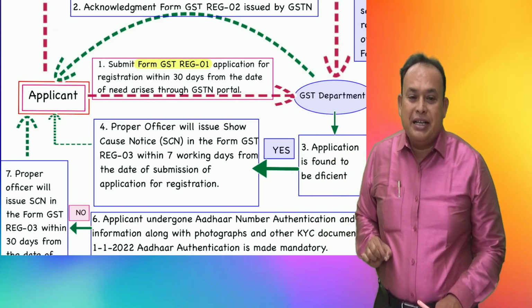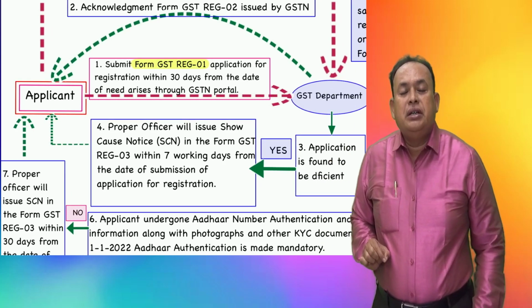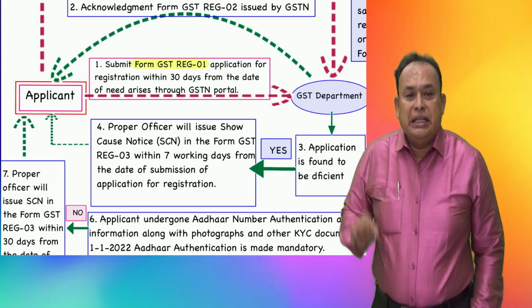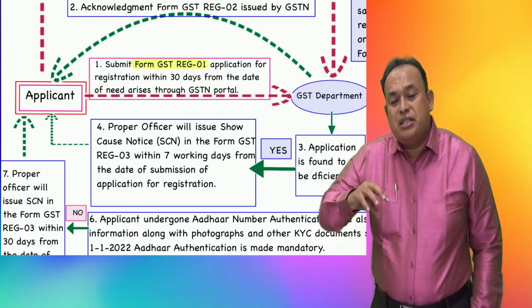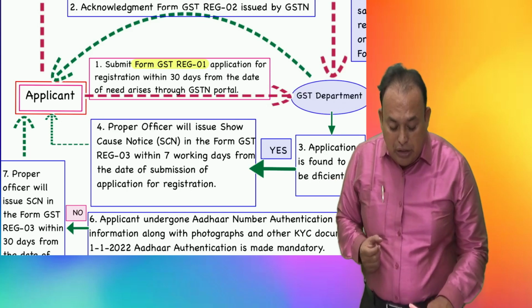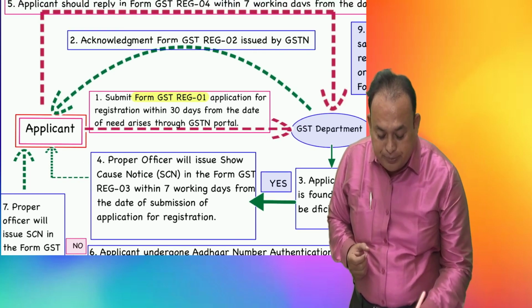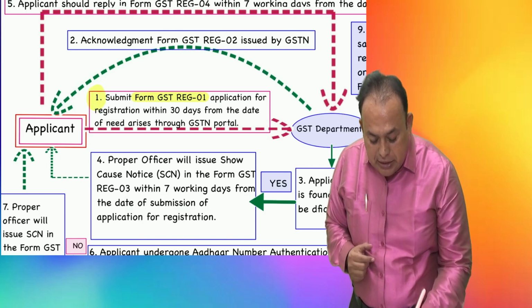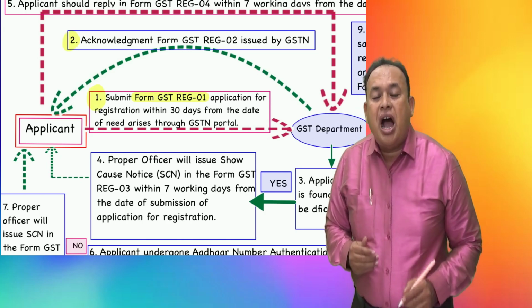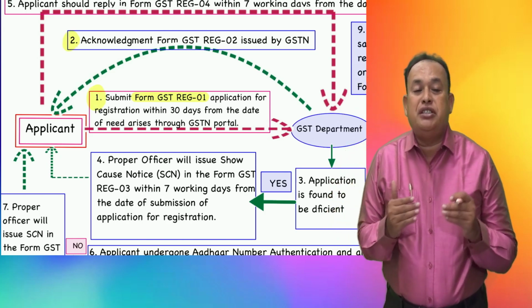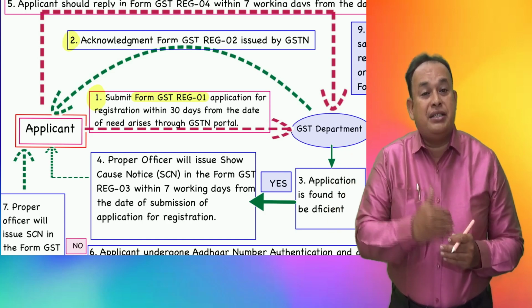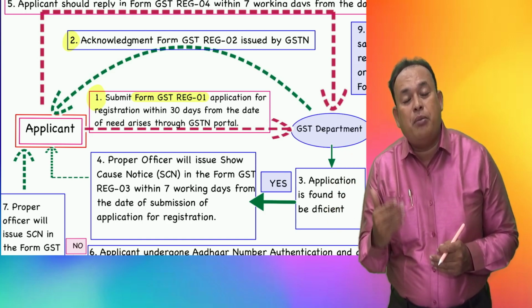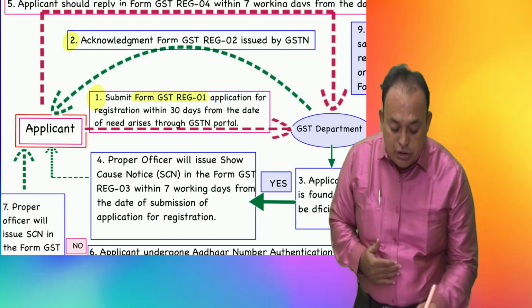So in the given case, my dear friends, the GST network portal issues you an acknowledgement as step 2. Step 1, application for registration. Step 2, acknowledgement for submission of GST REG-01, which is in the form of form GST REG-02.